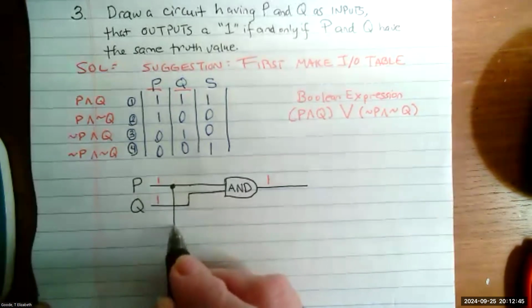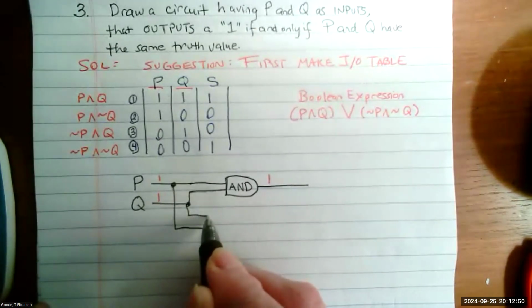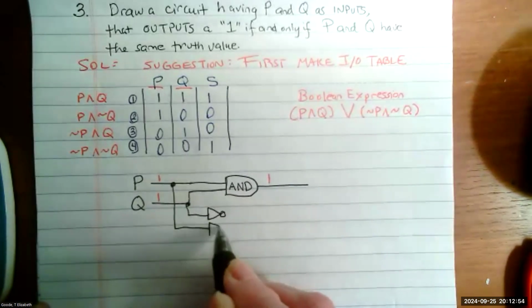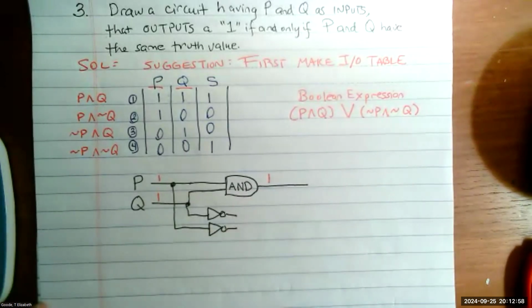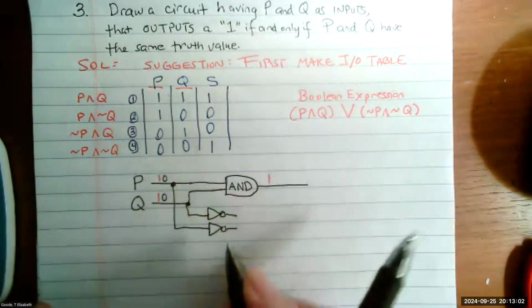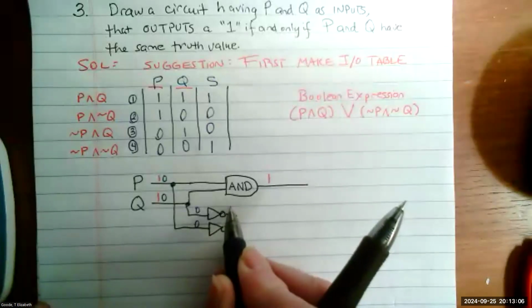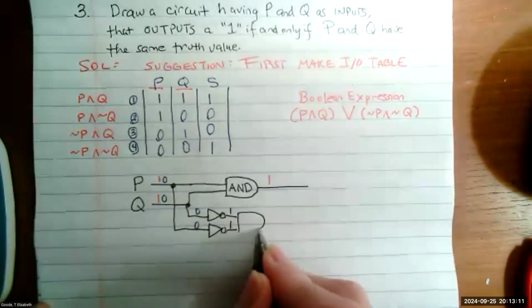Well, 0 doesn't help us get a 1, but if we change the 0s to 1s with NOT gates, because the NOT gate will flip a 0 to a 1, right? So P is 0 and Q is 0. Then when we put the 0s through these NOT gates, they flip to 1s, and then the AND gate will test for that.